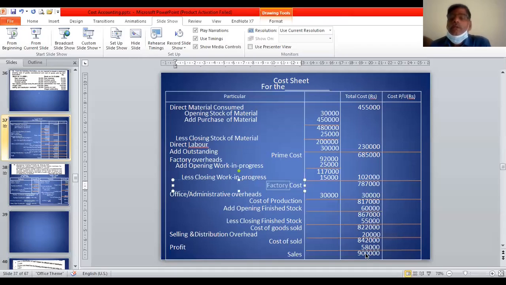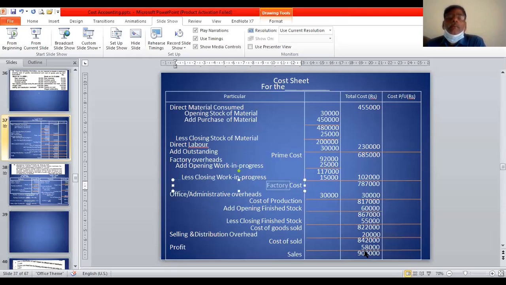Oh, sorry, it is sale is 9 lakh. Okay, I'll change it. By oversight, I have taken 8 lakh.